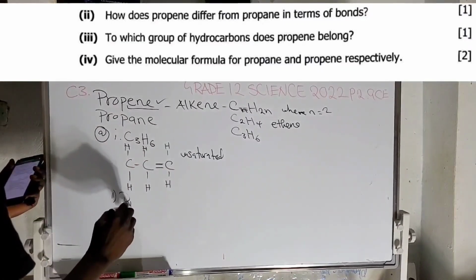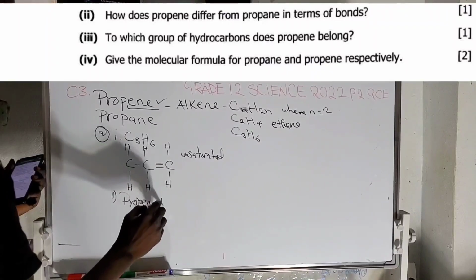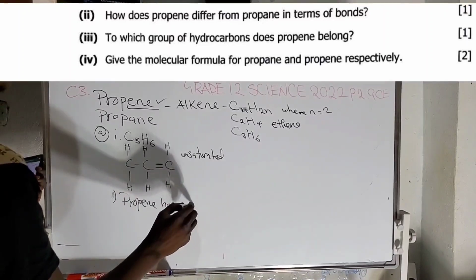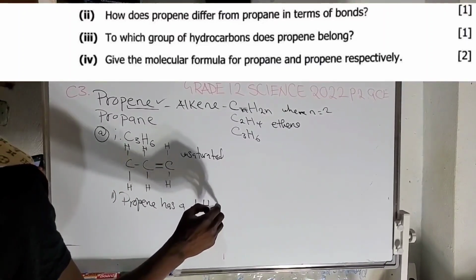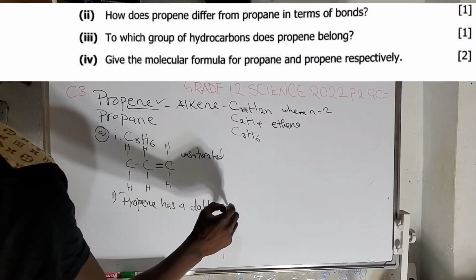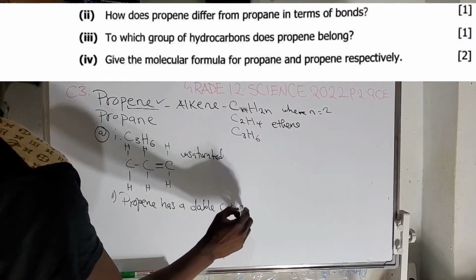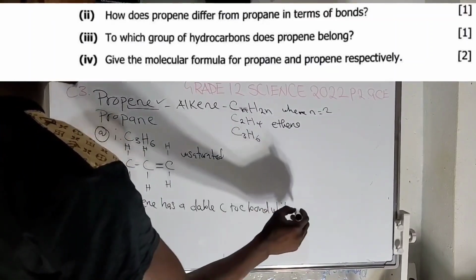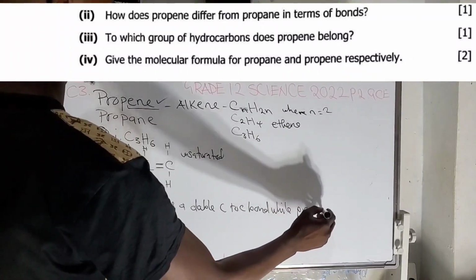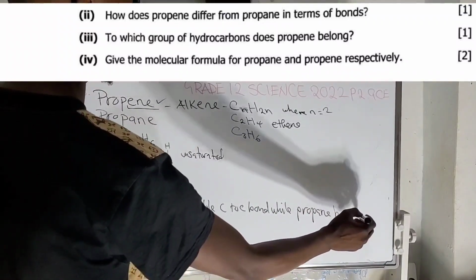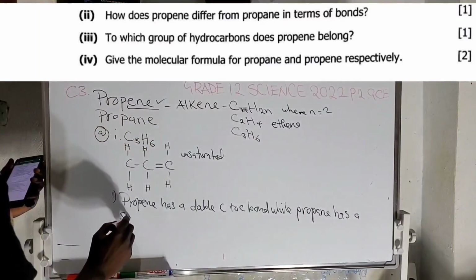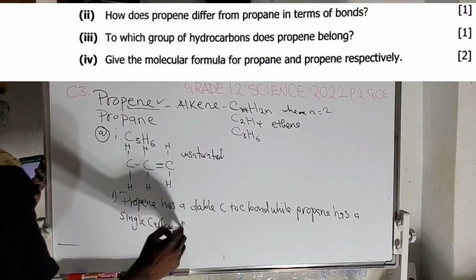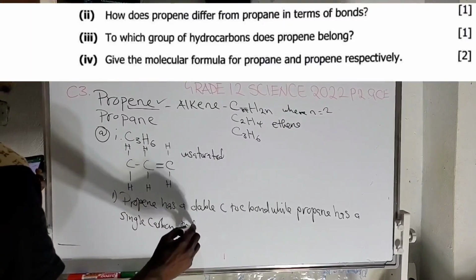So we can say propene has a double carbon to carbon bond, while propane has a single carbon to carbon bond.